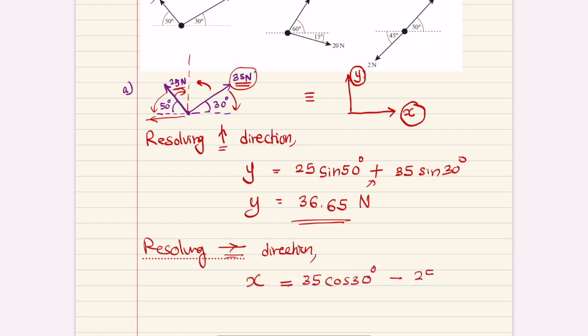Once you get the final output using the calculator, it will be 35 cos 30 minus 25 cos 50. So my answer is going to be 14.241 newtons.